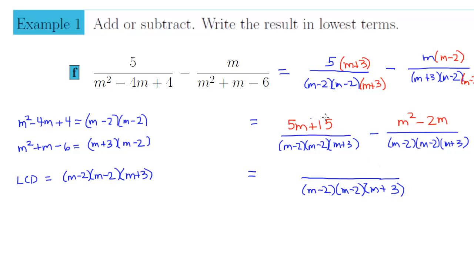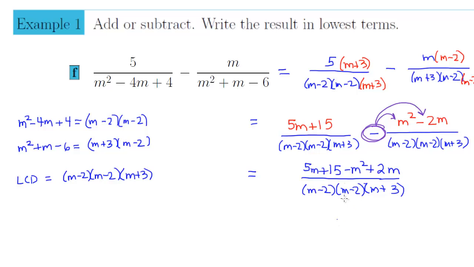Let's proceed. On the top, we have 5m plus 15. Now, remember, this is a minus sign, and this minus sign must apply to every term in the fraction that comes after. So minus m squared minus minus 2m, which makes it plus 2m.